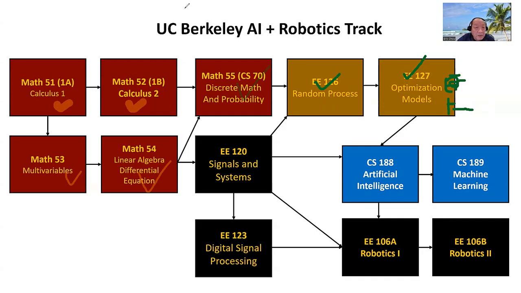And this one, 120, is 3 in 8. This is also 3 in 8 for robotic one. This one, free elective. Free elective. I'm sorry, this one is actually limited all you can eat.